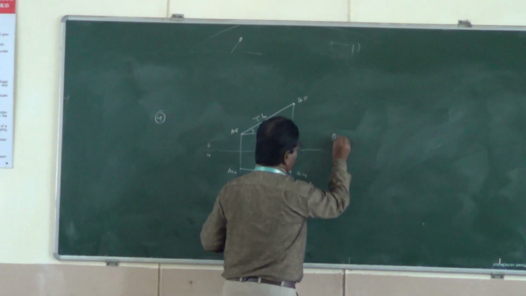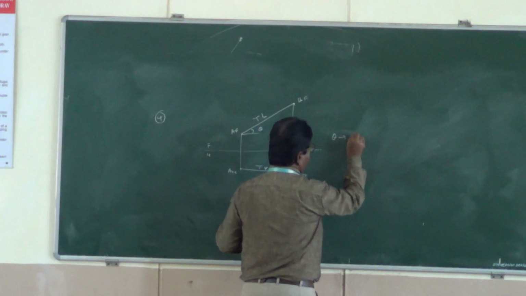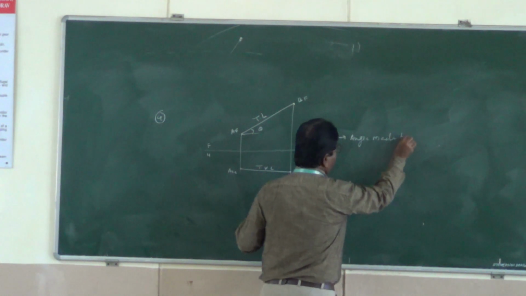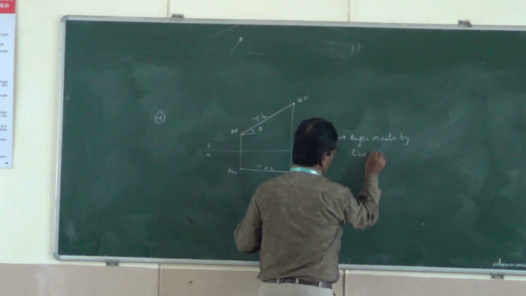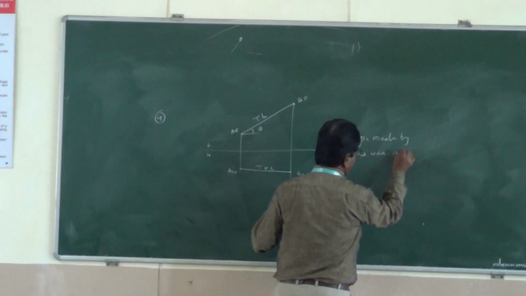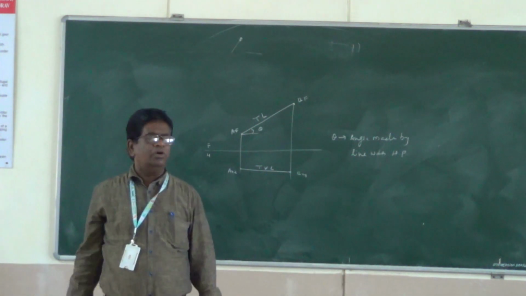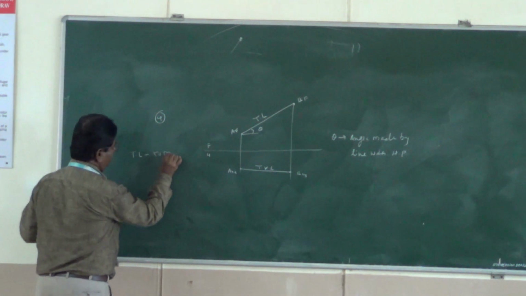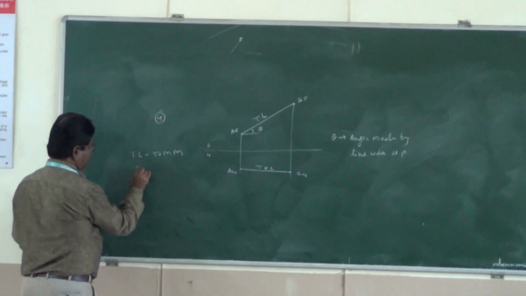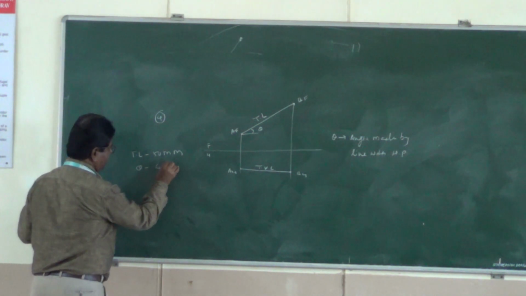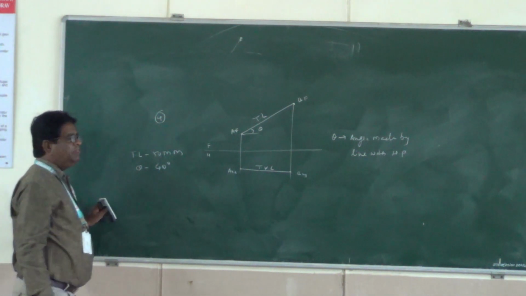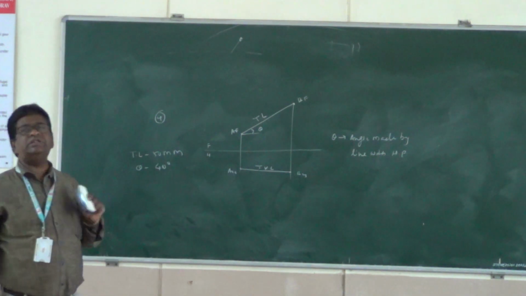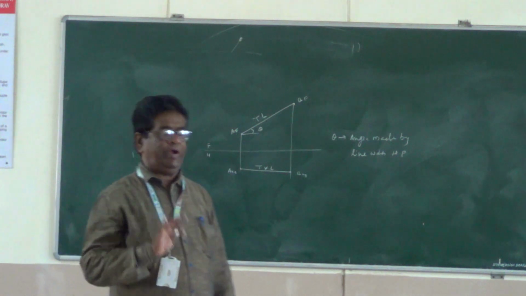So what is this theta angle? Angle made by line with HP. Okay, so what is given? True line 50 mm, theta 40 degrees. And to start the problem, we have to give the position of this point A. So this we studied in projection of point.